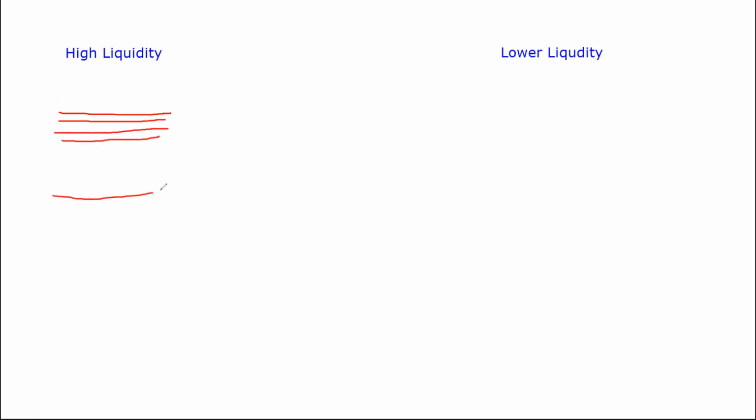We're going to talk about two examples here. One is high liquidity, and another one is lower liquidity. When I'm talking about higher liquidity, the order book itself is filled with thick orders, so thick orders over here.